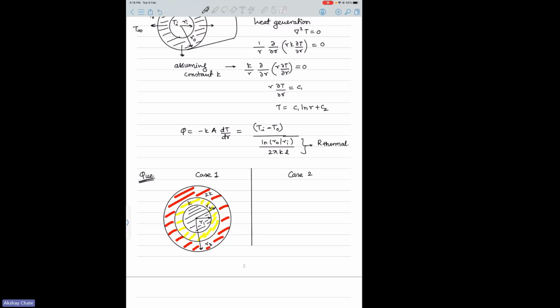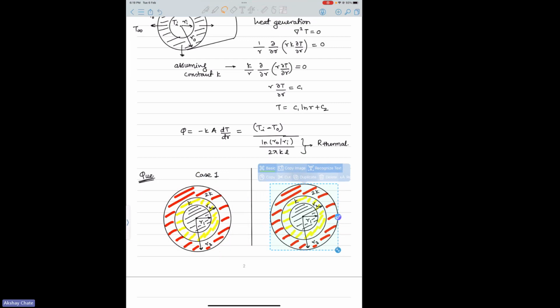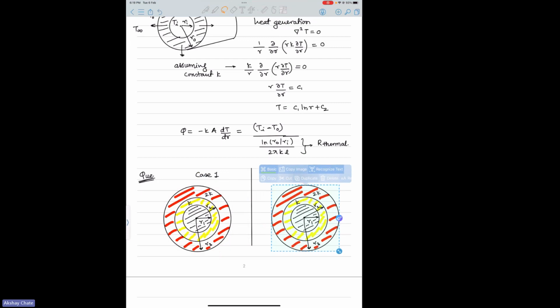One has thermal conductivity K, and the other has double the thermal conductivity of the K material, the yellow material. So in case 2, outside is K and inside is 2K. So that is the difference.